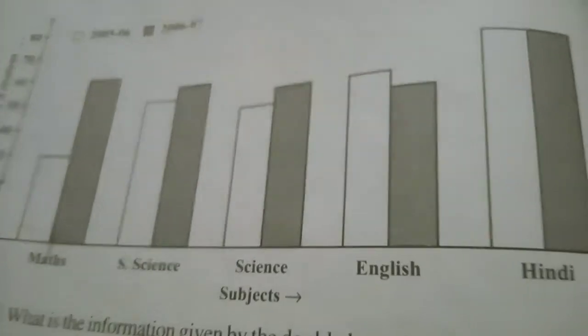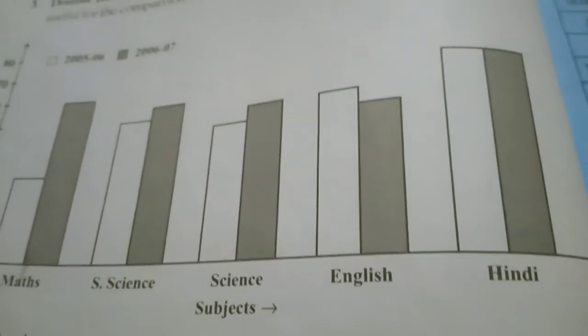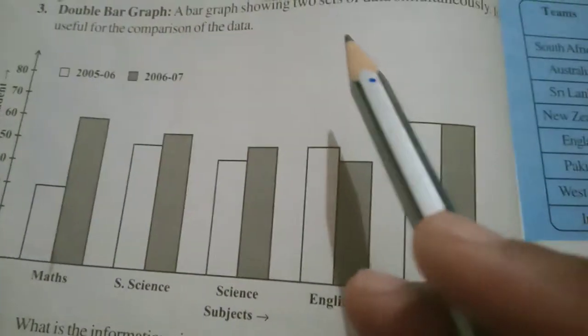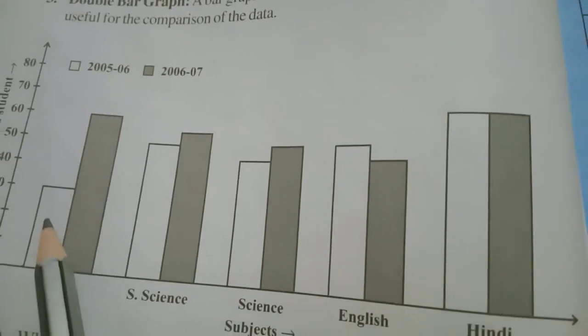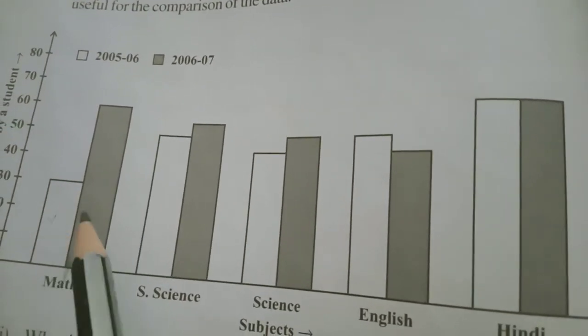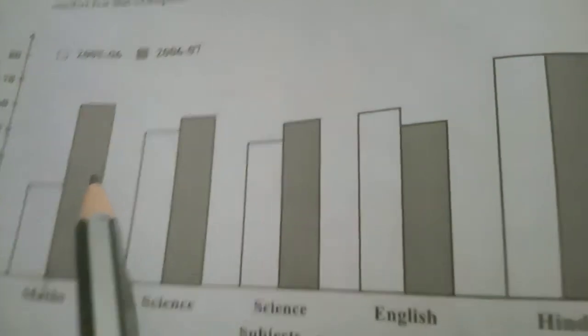Got it? Now see the next part, double bar graphs. Here two bars are joined to each other. Why are they double? Because at one time the information of two things is given simultaneously. Now see, here are two colors, this is white and this is green, or black, whatever.